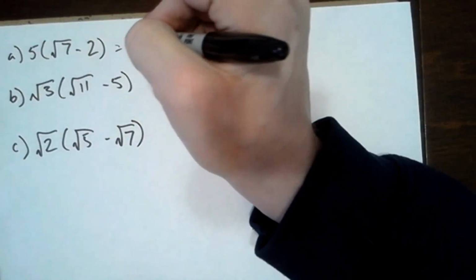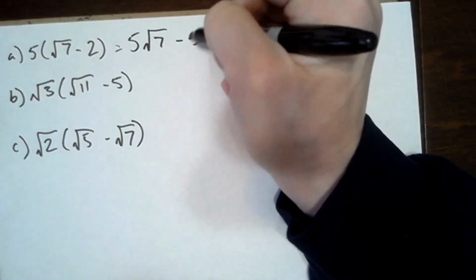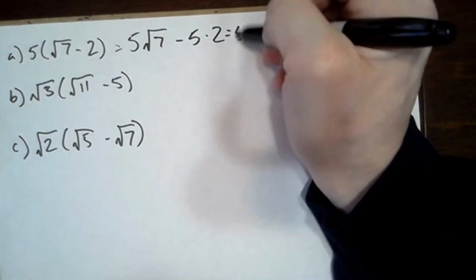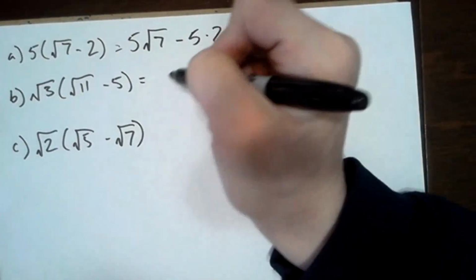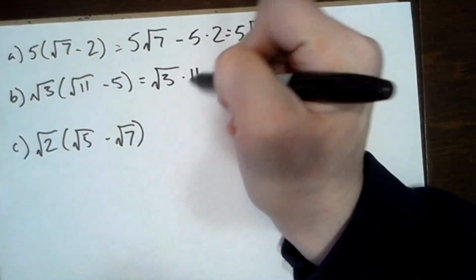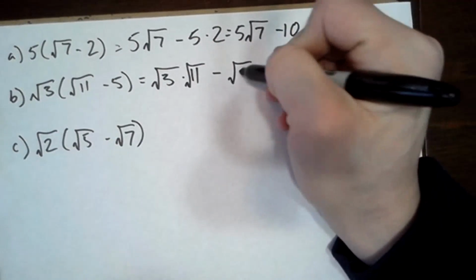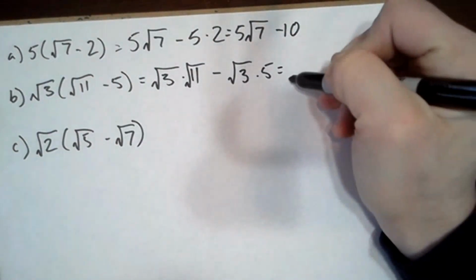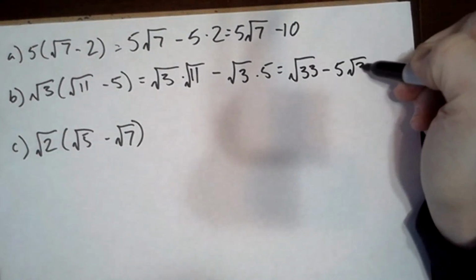Well, we just multiply our 5 through. 5 times the square root of 7 minus 5 times 2 is 5 times the square root of 7 minus 10. Same thing here. Square root of 3 times the square root of 11 minus the square root of 3 times 5 will give us the square root of 33 minus 5 root 3.